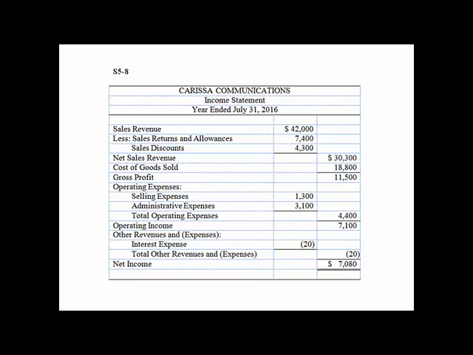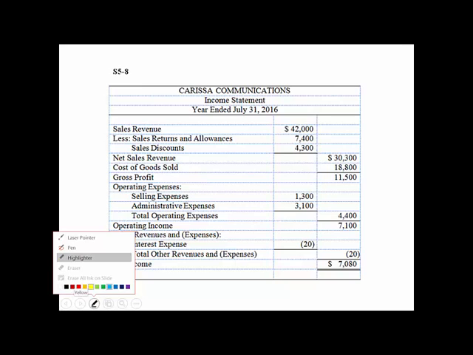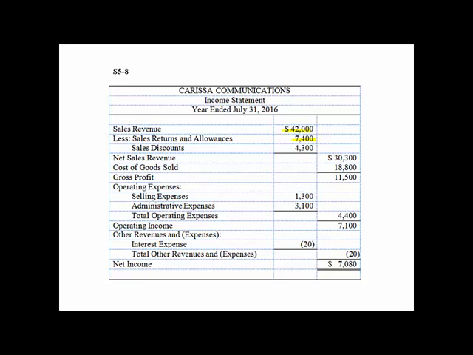So for the revenue, we have our revenue. Let's go back. We have our revenue here, minus sales returns and allowances, minus discounts. That gives me my net sales revenue. Minus my cost of goods sold gives me my gross profits. That's my first important number. Then on this one, they just lumped all the selling expenses together and then all the administrative expenses together.